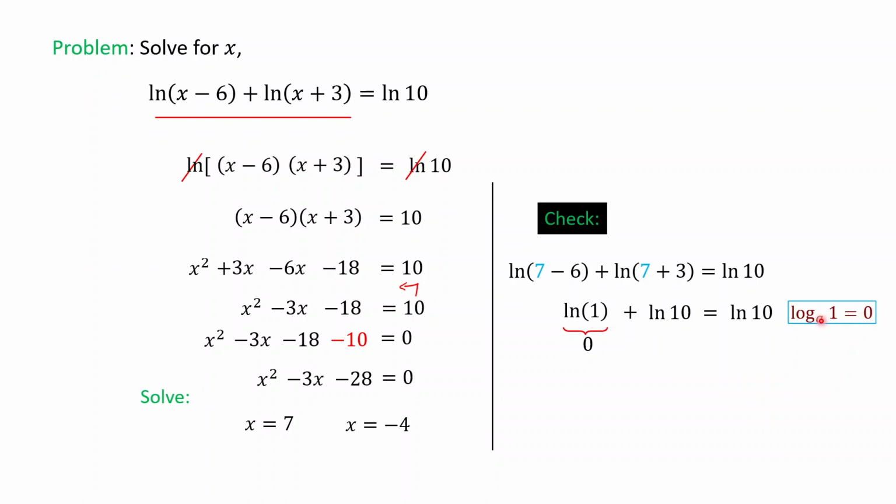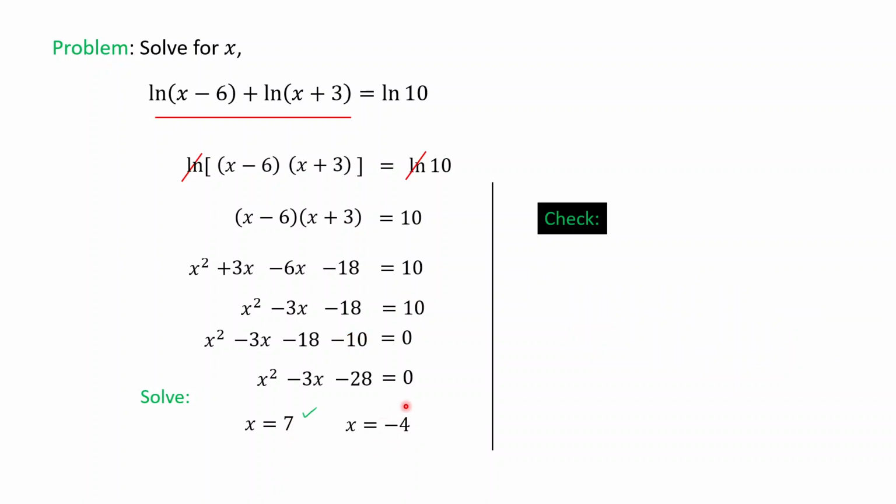For any base a, log 1 is 0. So this is 0 and you have ln 10 is equal to ln 10. This is true because the left hand side is equal to the right hand side. So x is equal to 7 is a valid solution.